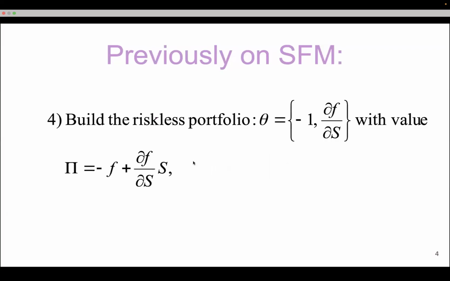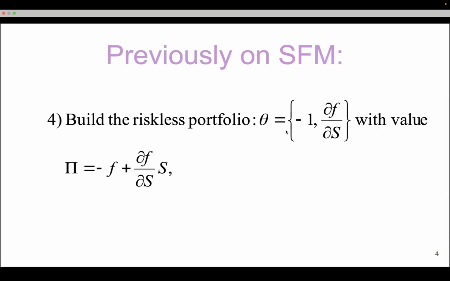After that, we built the riskless portfolio. It was in the previous lecture. A portfolio is just a vector with some coordinates. If we have 3 securities, it is a vector with 3 coordinates. In our case, we have a portfolio with only 2 securities.